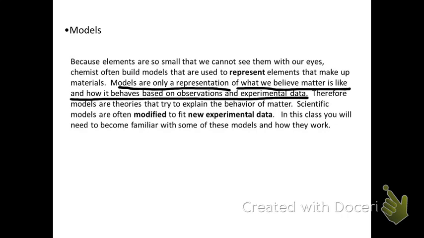And just remember that they are representations of what we believe matter is like and how it behaves. Therefore, a lot of times we will refer to a model as a theory. And so make note that models are just theories on how we believe elements or other matter behave. Models can change. They can be modified based on new experimental data. That's something else to make note of.